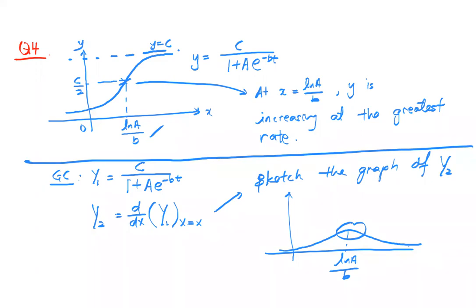Unless it's not this form, then for any function given, if I want to find the x coordinate of the inflection point, I will draw the f prime x graph and find the x coordinate of the stationary point of the f prime x.